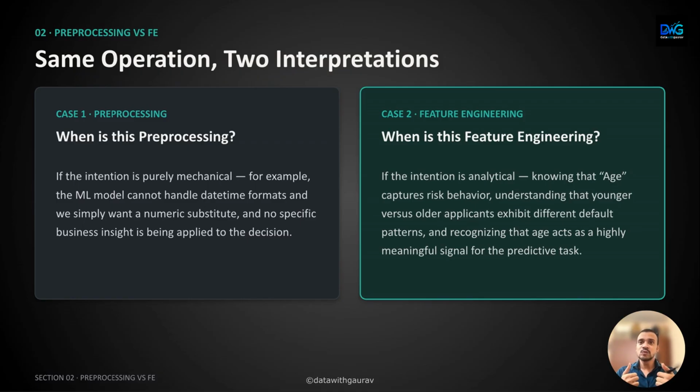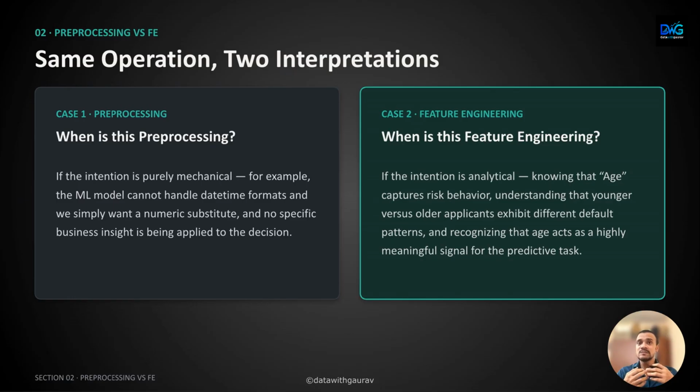Now moving on to case 2, when is it feature engineering? Now consider a different scenario. You are building a loan approval model, and based on your understanding of banking, you know that age influences financial behavior and credit risk. Younger and older applicants often exhibit different borrowing and repayment patterns. So you deliberately create the age feature because you believe it will help the model make better predictions.